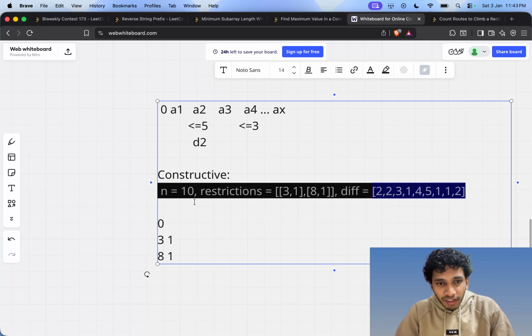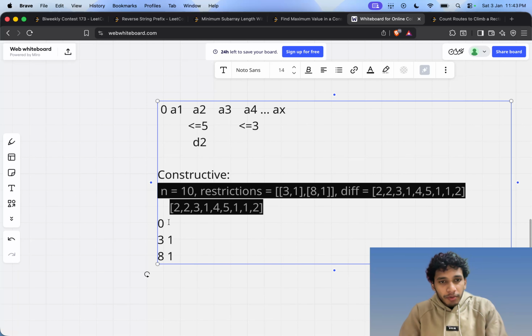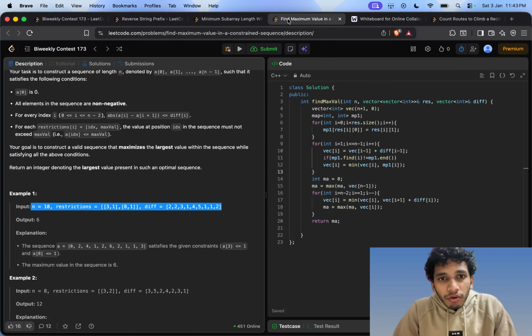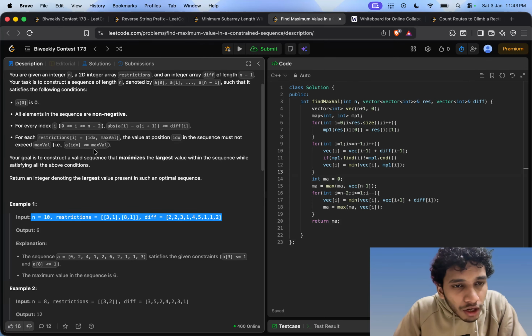Let's copy the difference array here. The difference between the first and second value should be smaller than or equal to the difference at 0.